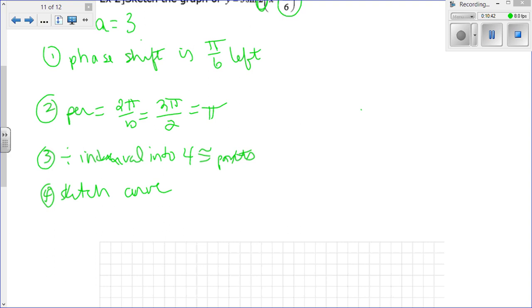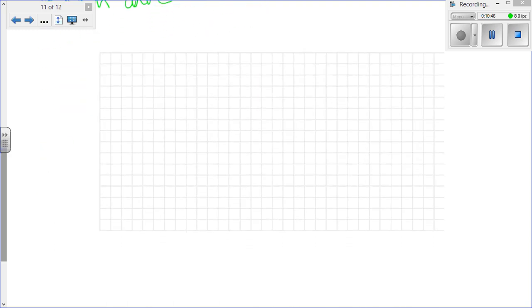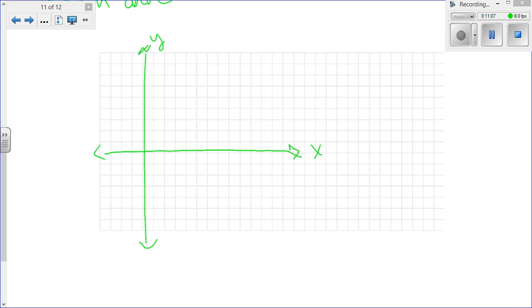So what this means exactly, let's get some axes drawn here. All right.